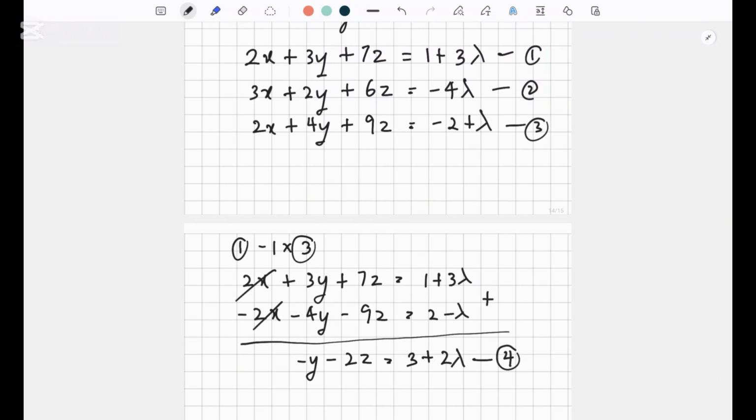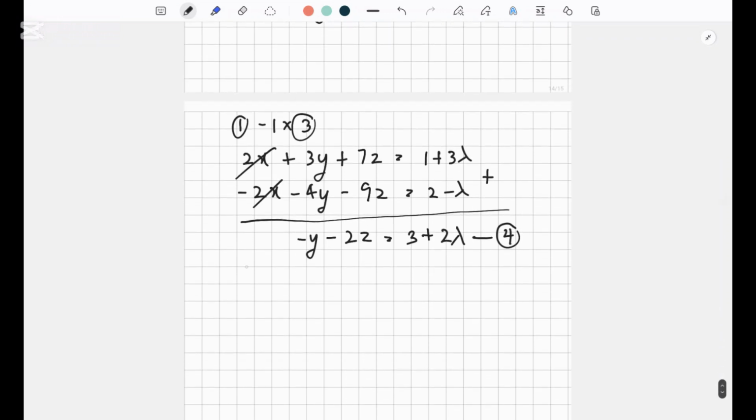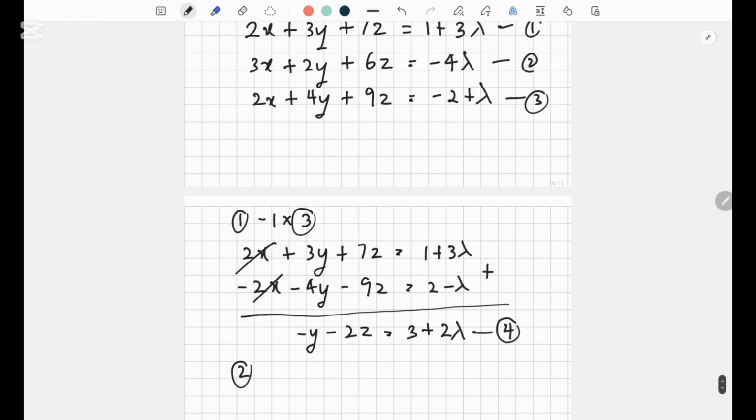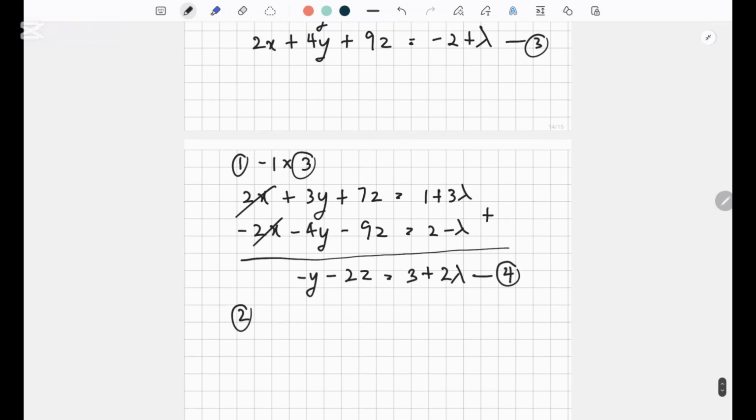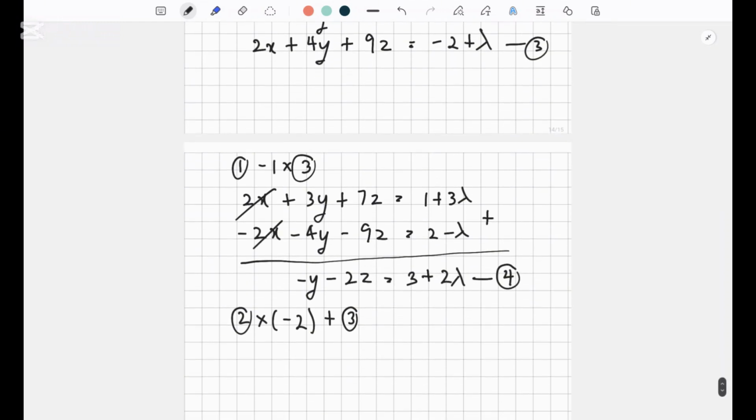and then if you look at the second and third equation, let's take the second. The second equation multiplied by minus 2 plus the third equation, you can cancel off. No, let's not do it like that. You need y and z terms, right?